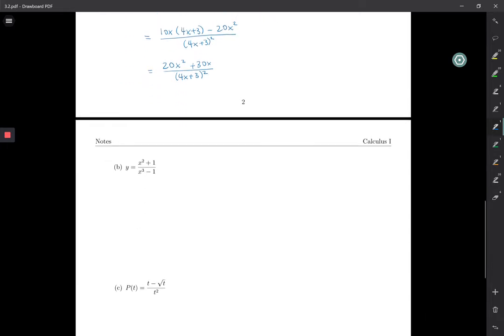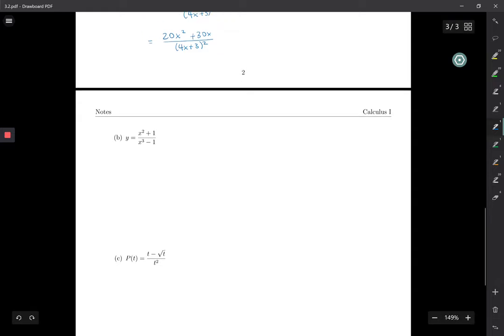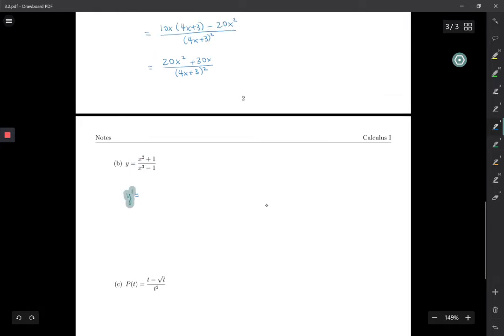Here we have another quotient of two functions. So we are just going to start with taking the derivative of the numerator, right? So that's going to be, maybe for this example, I will write this out in pieces.